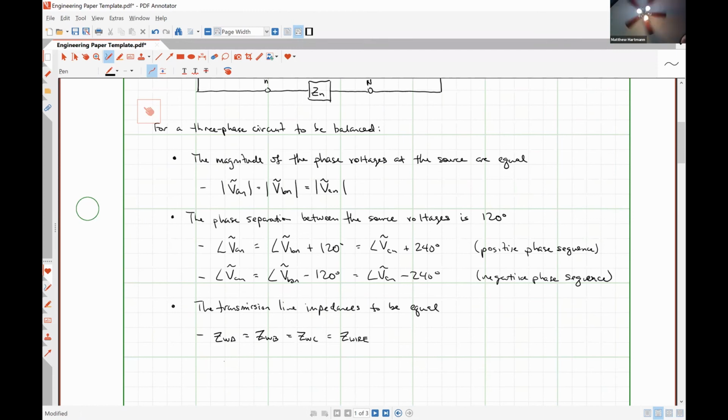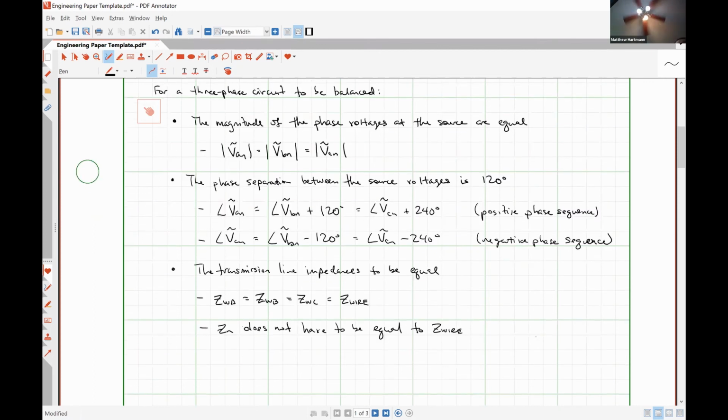So I'll just make a note of this here. Zn does not have to be equal to Z wire. It can, it just doesn't have to be.